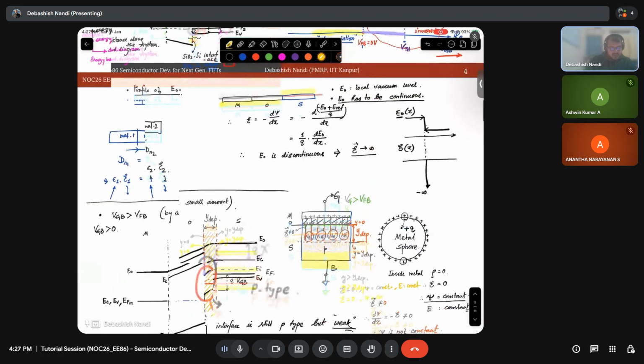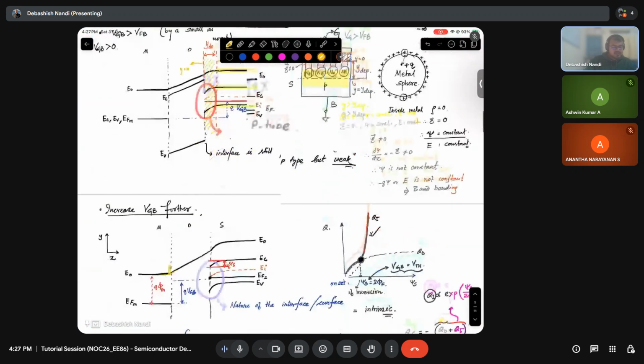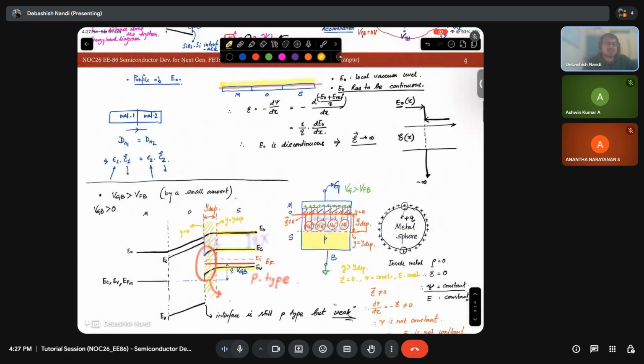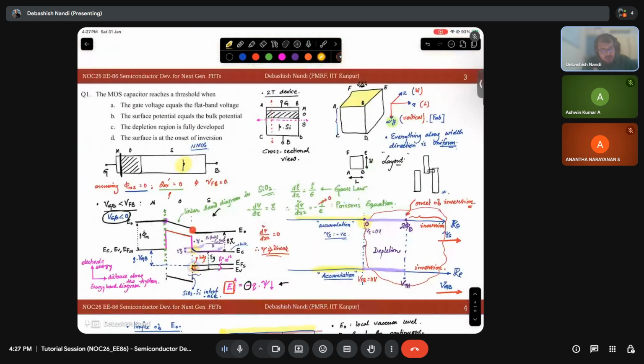Okay. The purpose of this discussion was that the questions will follow and you will be able to answer very easily. So: the MOS capacitor reaches threshold when the gate voltage equals flat band. No, there is no charge at that point. Surface potential equals bulk potential. Not necessarily.